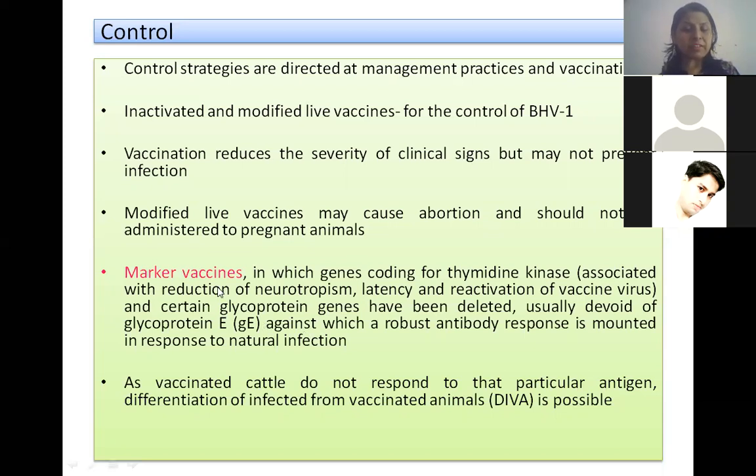So when these marker vaccines, which lack glycoprotein E and thymidine kinase, are given to cattle, they differentiate between the vaccinated animal and the naturally infected animal. So the differentiation of vaccinated animals and naturally infected animals can be done by using these vaccines.